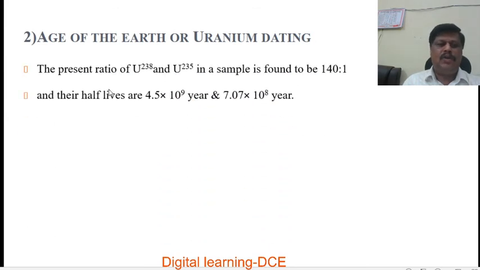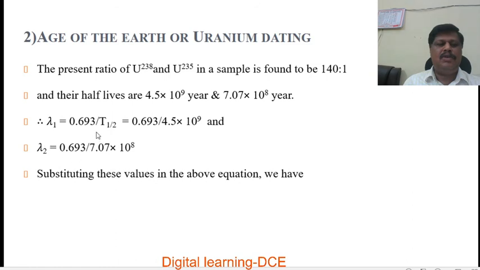The present ratio of uranium 238 and uranium 235 in a sample is found to be 140:1, and their half-lives are 4.5 into 10 power 9 years and 7.07 into 10 power 8 years. So lambda 1 is equal to 0.693 over half-life of uranium 238, that is 0.693 over 4.5 into 10 power 9, and lambda 2 is equal to 0.693 over half-life period of uranium 235, that is 7.07 into 10 power 8.